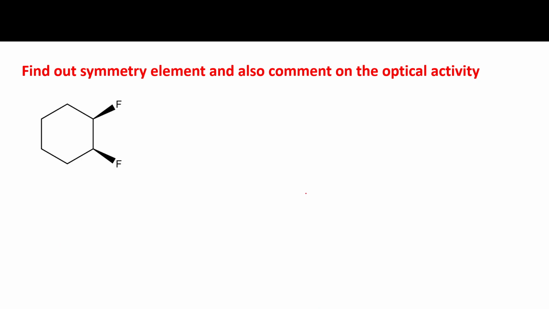Even the next example, for the cyclohexane molecule: is this molecule optically active or inactive? This cis conformation, if we're talking about it like this, has a sigma plane when you take this planar conformation. If the molecule has a sigma plane, then the molecule is optically inactive.